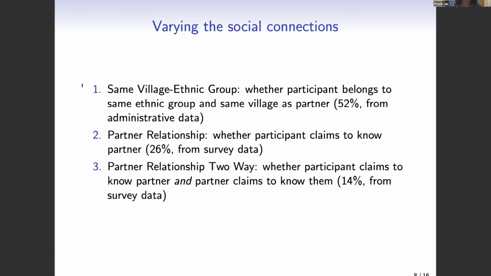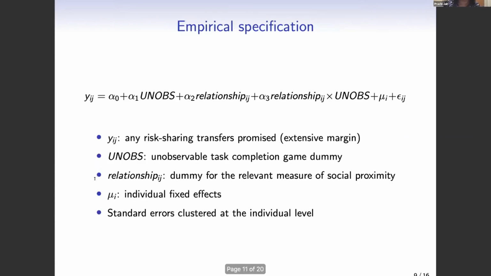Number one is more in-group, not that I know this person, but that I have some affinity because we speak the same language. As we move down to the third measure, these are stronger social ties. Personally, my favorite measure is the partner relationship two-way measure, because it's both a stronger social tie and less subject to measurement error than number two. But I'll show you all of the results.